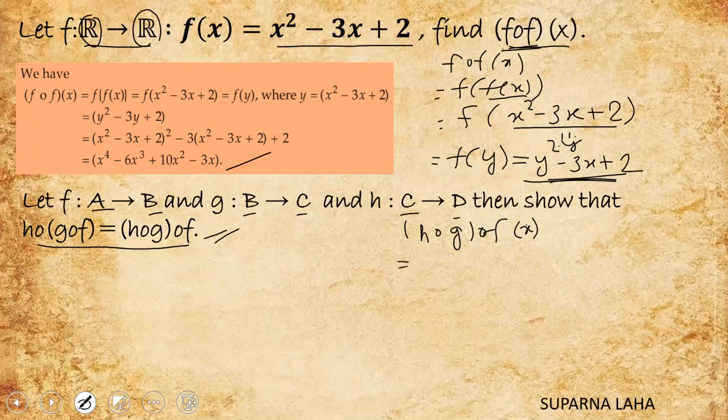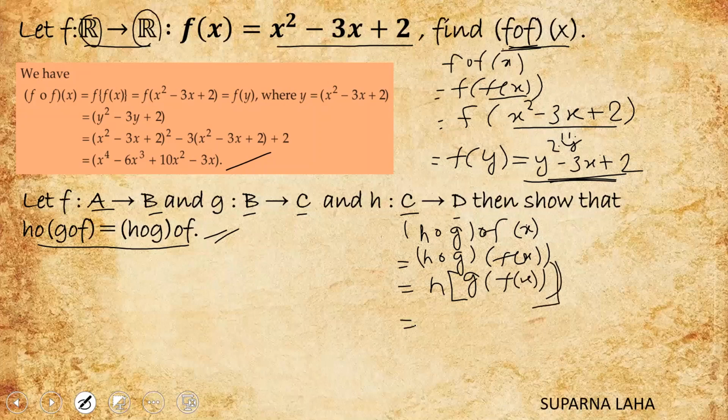So I can write h of g composition f of x, just breaking this composition, as h of g of f of x.